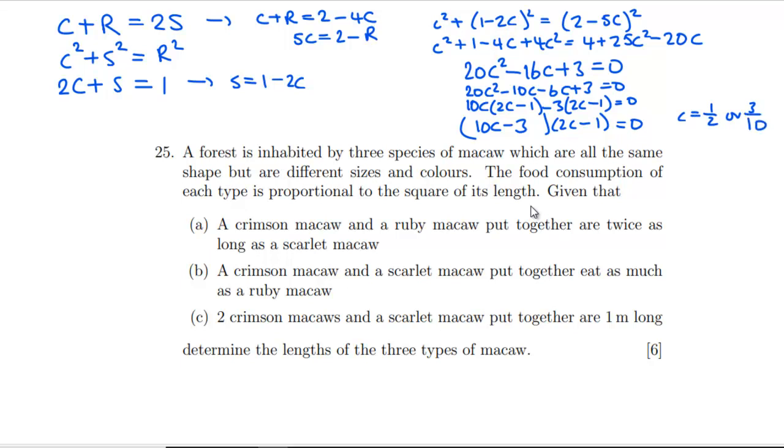Right, so if C was a half, the S would be equal to 0. Well, that doesn't look very good, so we can't have that. So if we've got C is 30 centimeters, then that means S is going to be 40 centimeters, and R will be equal to, what's our relationship between C and R?